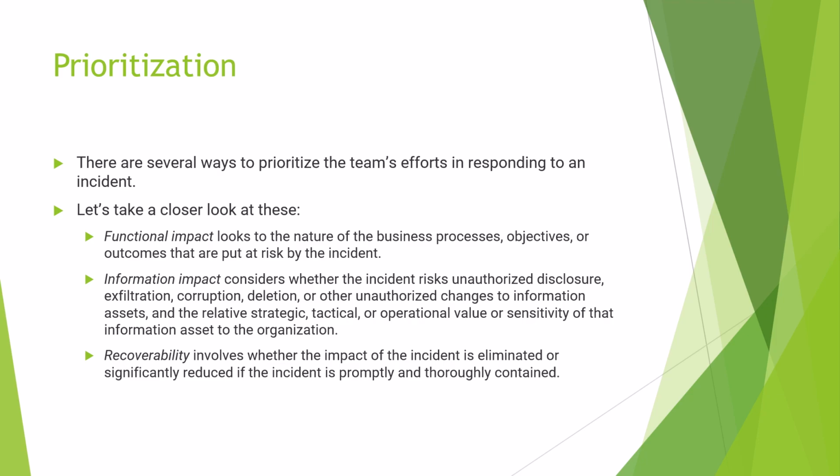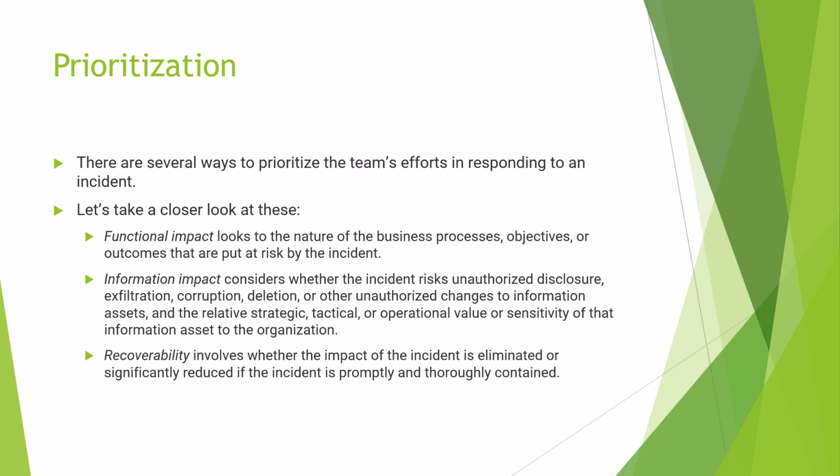For functional impact, we can look at natural disasters, malware, internal threats, but all of that goes back to how it affects the business. How does that affect the business process? How does that affect the outcome of the business? So functional impact looks at the processes and objectives.